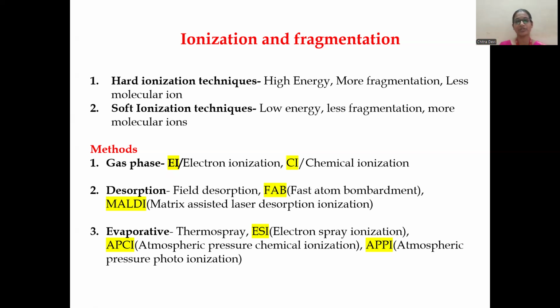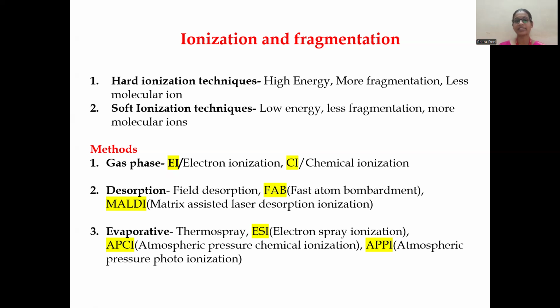There are different methods to produce ions: the gas phase method, the desorption method, and the evaporative method. In gas phase, there are two different ionizations: chemical ionization and electron ionization.